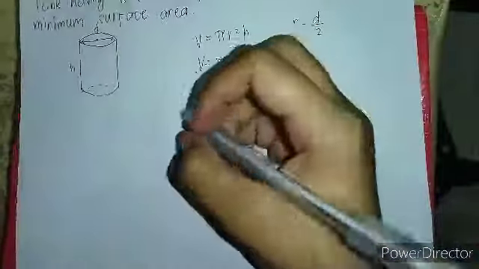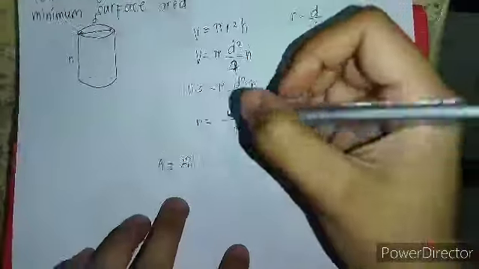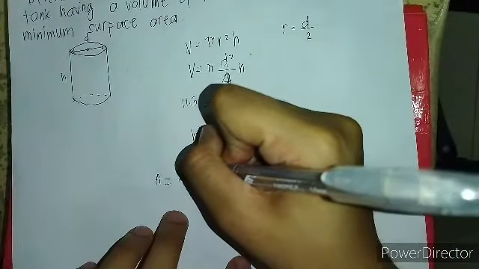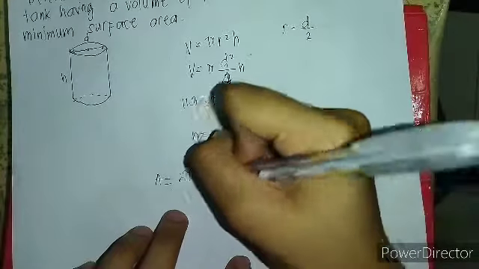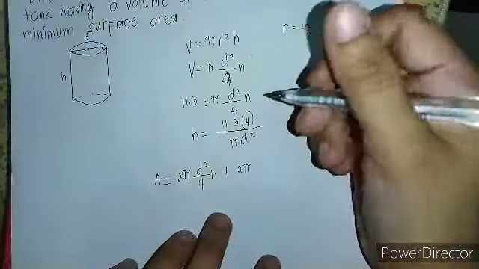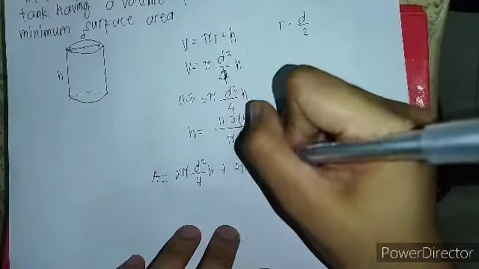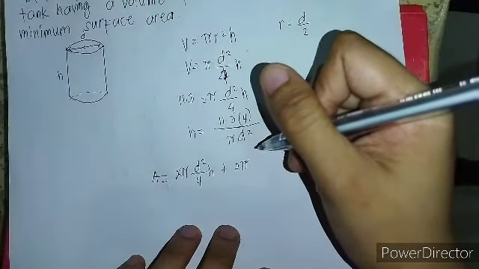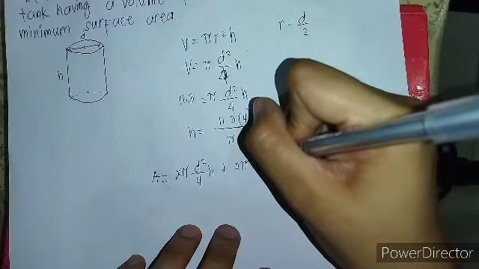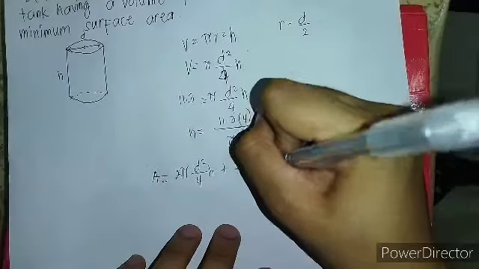And then we know that the area is equal to 2 pi d squared over 4 times h plus 2 pi d.